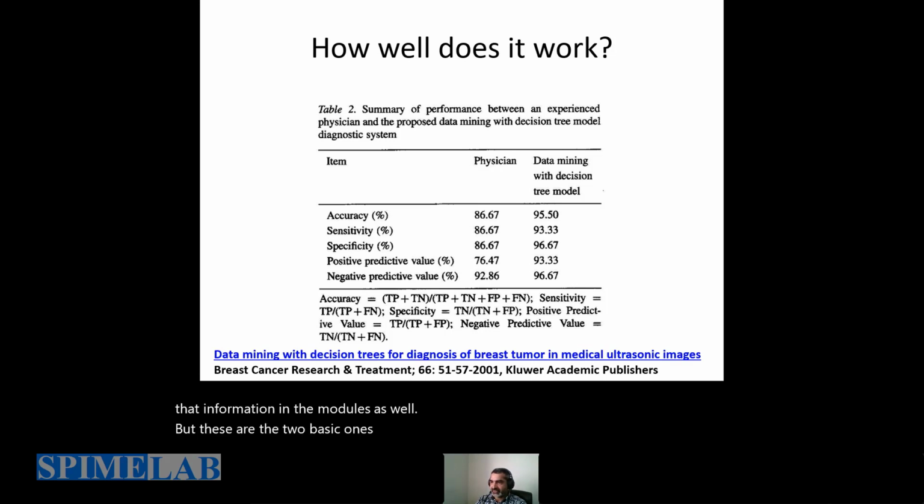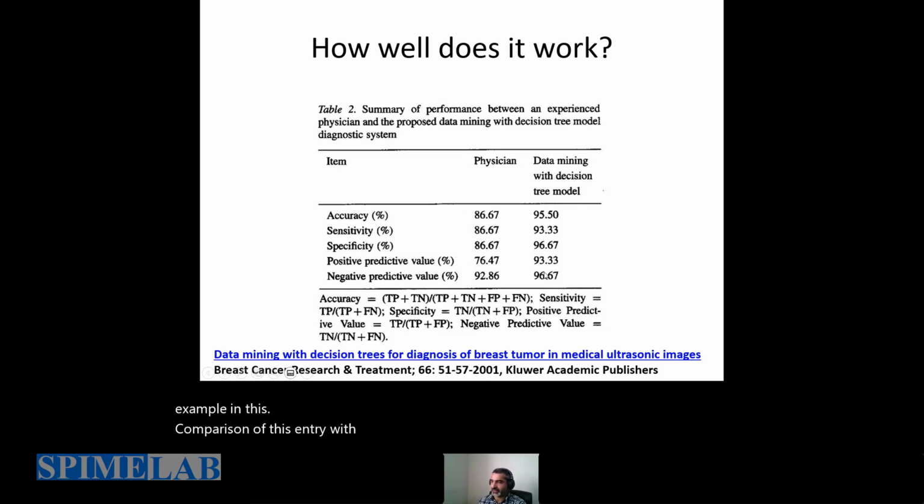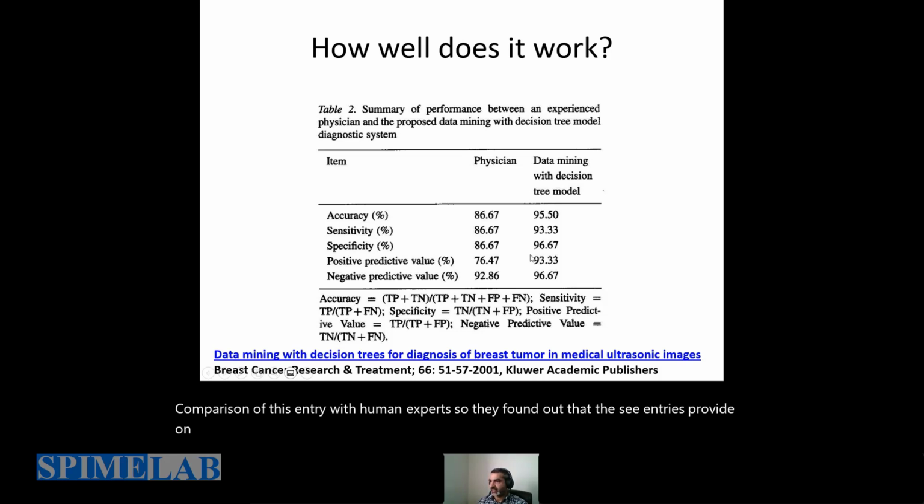And decision trees, I provide some examples here. For example, in this comparison of decision trees with human experts, they found out that decision trees provide better performance across different measures for detecting some problems in ultrasound images.